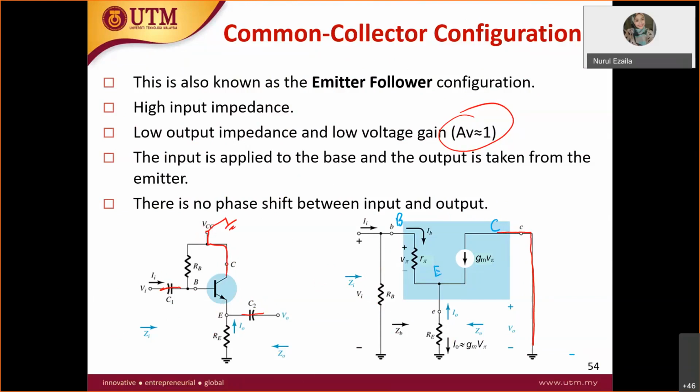This is how the AC equivalent circuit for the common collector looks like. The rest of the nodes of the base and emitter are the same. The same thing again is the red shaded area here, which is the hybrid pi model. We have R pi, gm V pi, and at the emitter you have resistor RE, and RB.